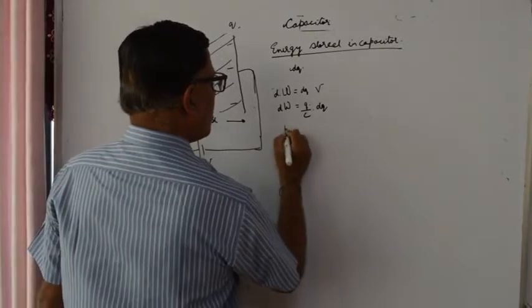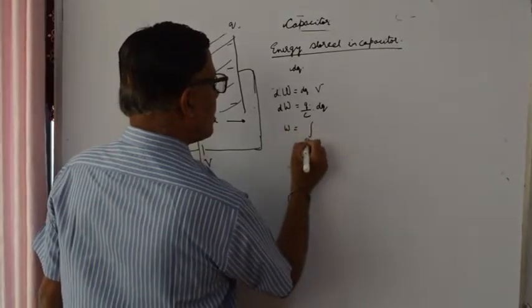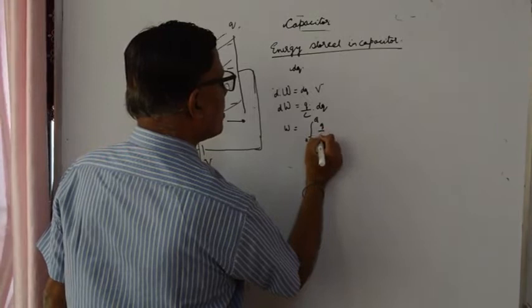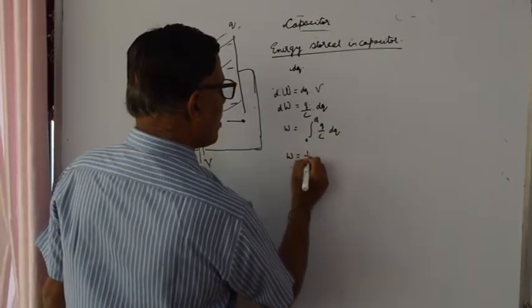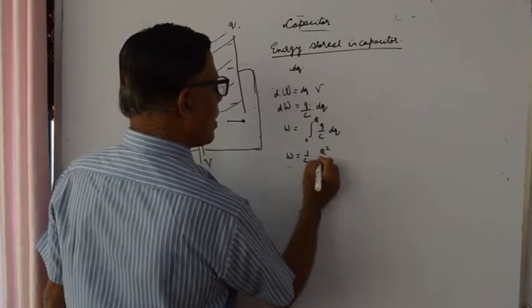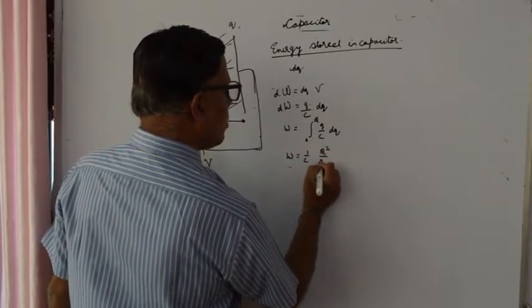And total work done is the integral from 0 to Q of q upon C dq, that is W is equal to 1 upon C into q square by 2.